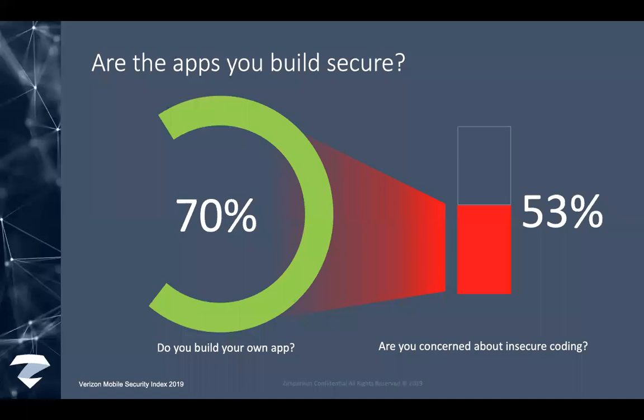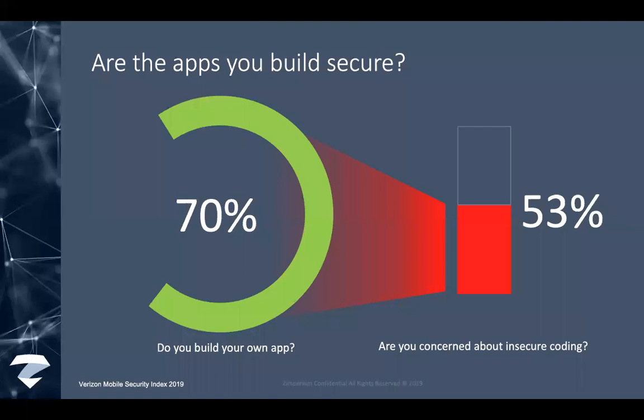So yeah, but Scott, I'm an app development shop, and I do everything to secure my APIs, my data. I do obfuscation. I do all the things that I'm supposed to be doing. But this survey amongst Fortune 500 IT development shops, this is from the Verizon Mobile Security Index of this year. So they asked everyone that filled out the survey, do you or don't you build your own apps?